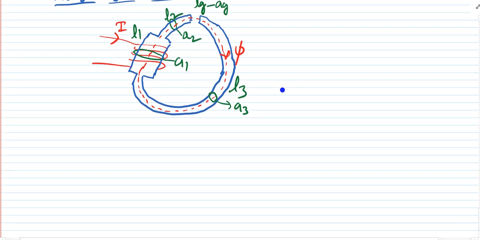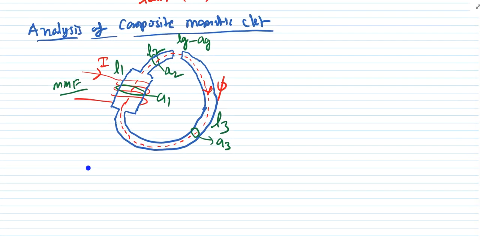So this is what MMF is, we can try to understand here. Then the total reluctance is given by, so how will you write the total reluctance?